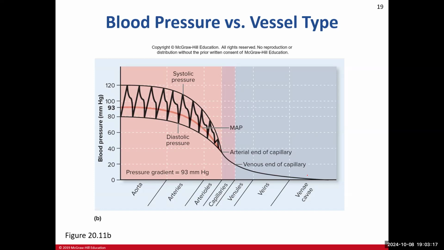These concepts will come in later on. I just want to draw that to your attention, because you're seeing this guy right here called the MAP, the mean arterial pressure. We're going to calculate that out. I'll talk to you about that in a second. That's this red line here.